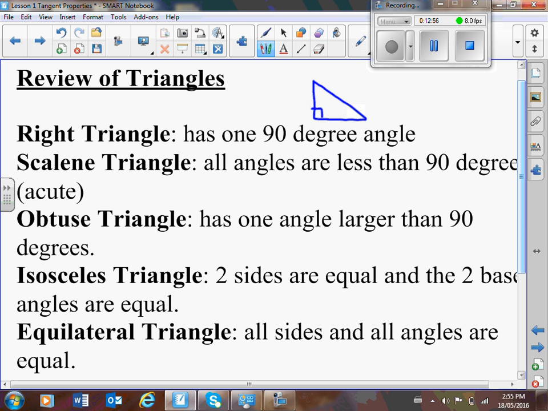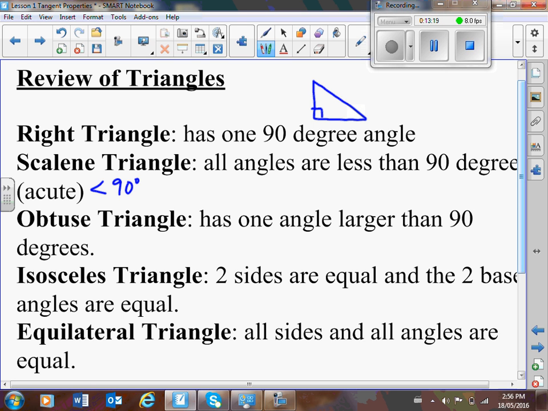We can prove a right angle, and we're going to try that coming up with the theorems we're going to learn. But if you see a question and there isn't a right angle marked, we do not assume the triangle is 90. Scalene triangles: all angles are less than 90 degrees. That's acute. Acute means less than 90 degrees.